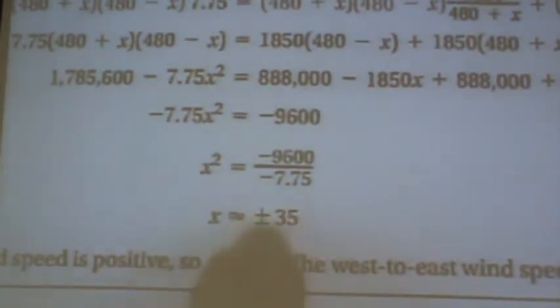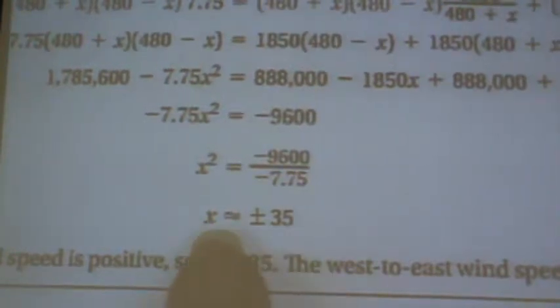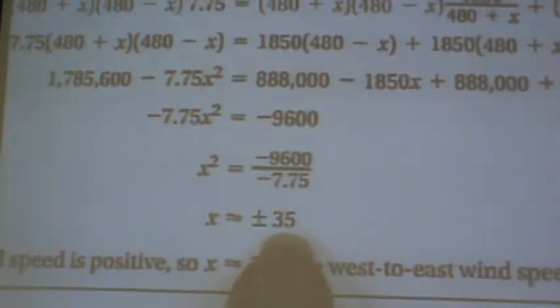You end up with this number right here, using a calculator. This is more a calculator activity than anything. You're going to get plus or minus 35. You can't have a negative wind speed, and X represents your wind. So we are going to say that the wind speed is the positive 35.